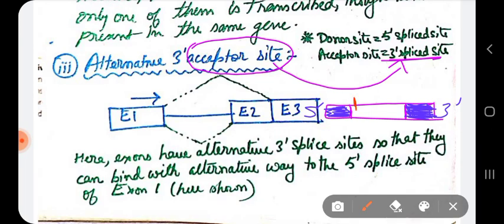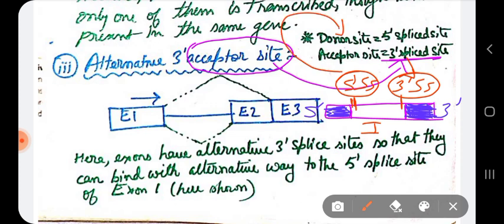Towards the 5 prime end is the 5 prime splice site, and towards the 3 prime end is the 3 prime splice site of that intron. We are talking about the 3 prime splice site, which is called the acceptor site. The 5 prime splice site is called the donor site.